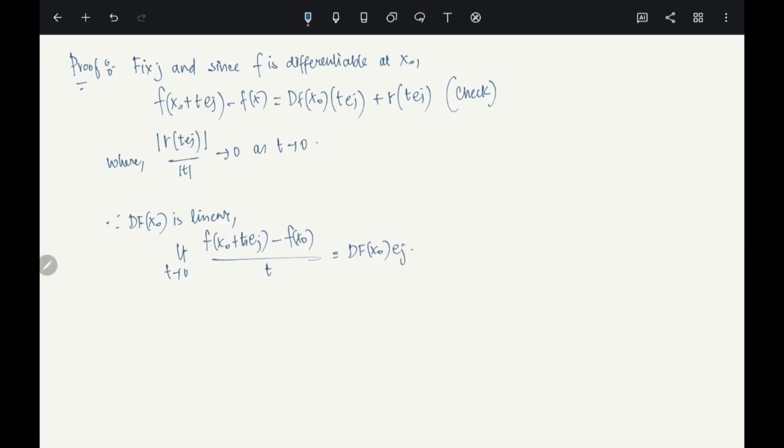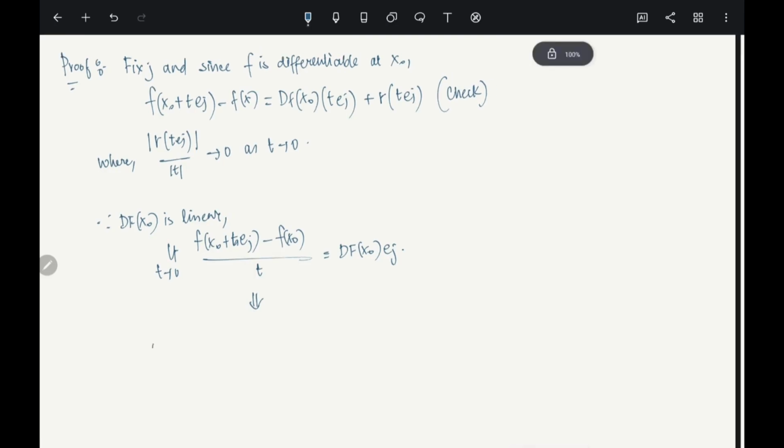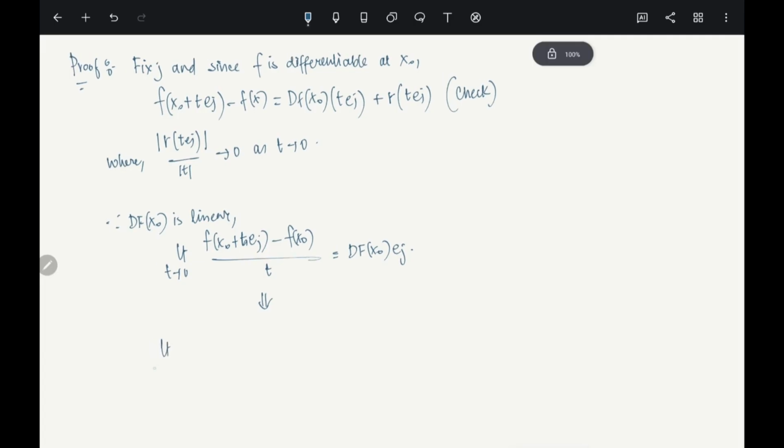Clear? Now you just represent f in terms of components. So f is f1, f2, up to fm, right? So you can write it as the limit as t tends to 0, for i equals 1 to m, of fi of x naught plus t ej minus fi of x naught, divided by t.